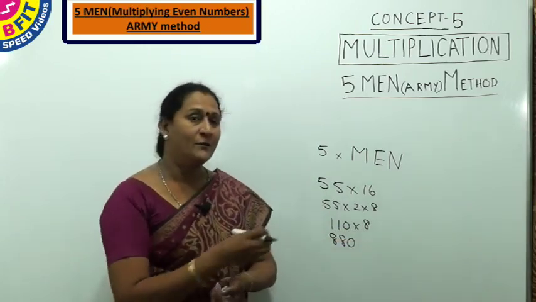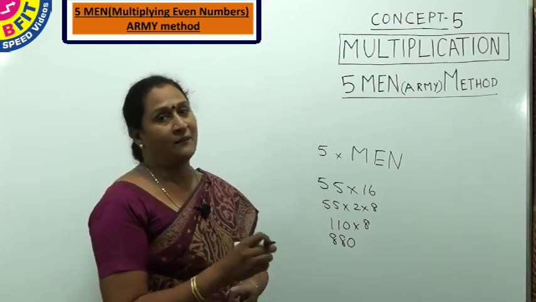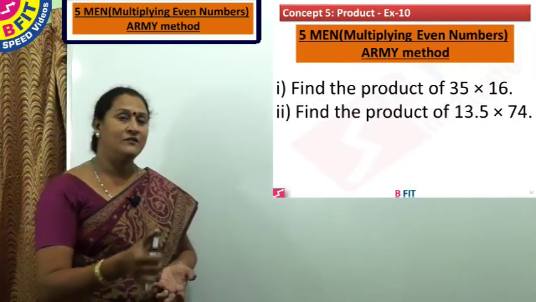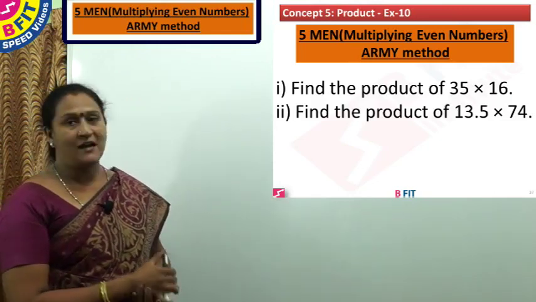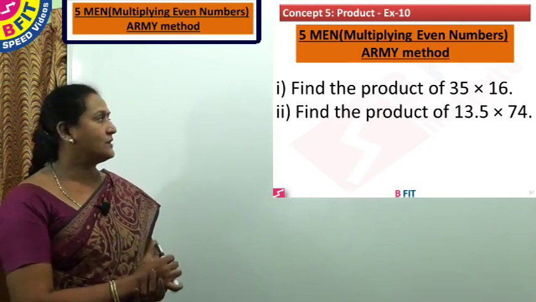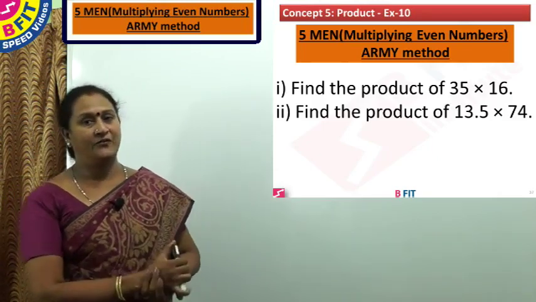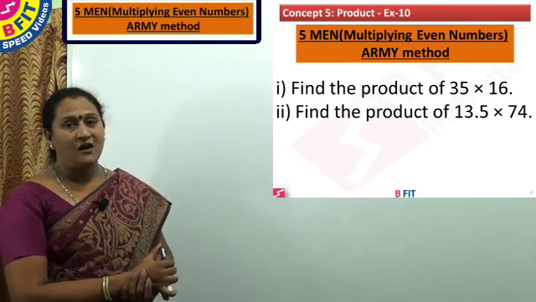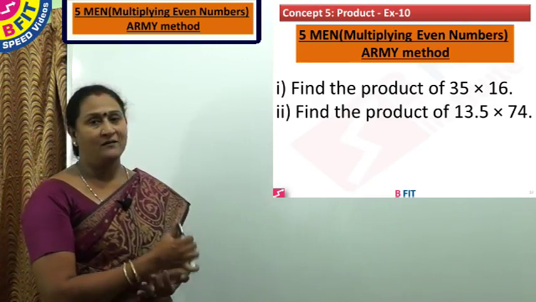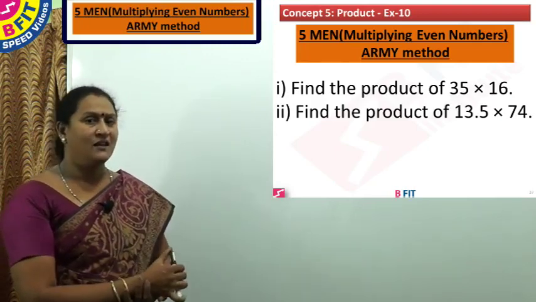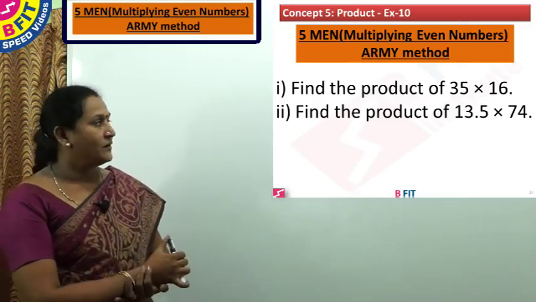Now we'll see some examples of how to work out using this 5-man army concept. Find the product of 35 and 16. And the second question is, find the product of 13.5 and 74. Anything given in a mnemonic form is easy to remember.